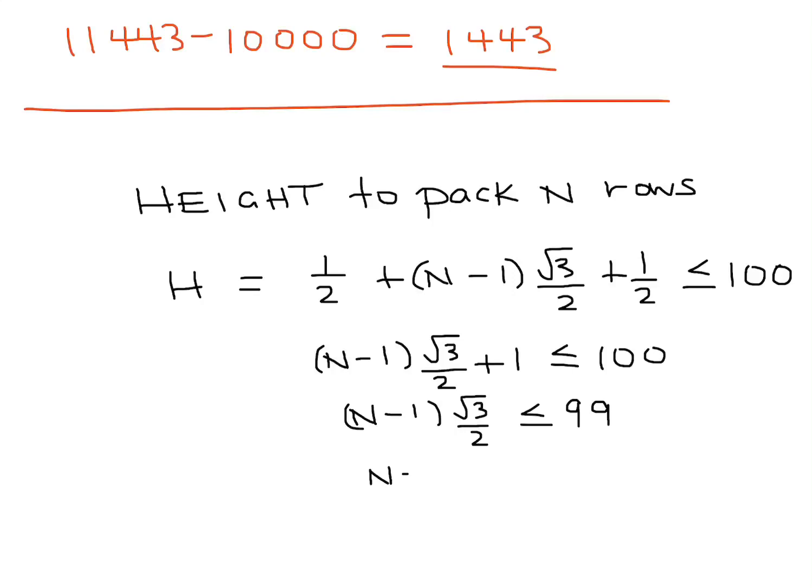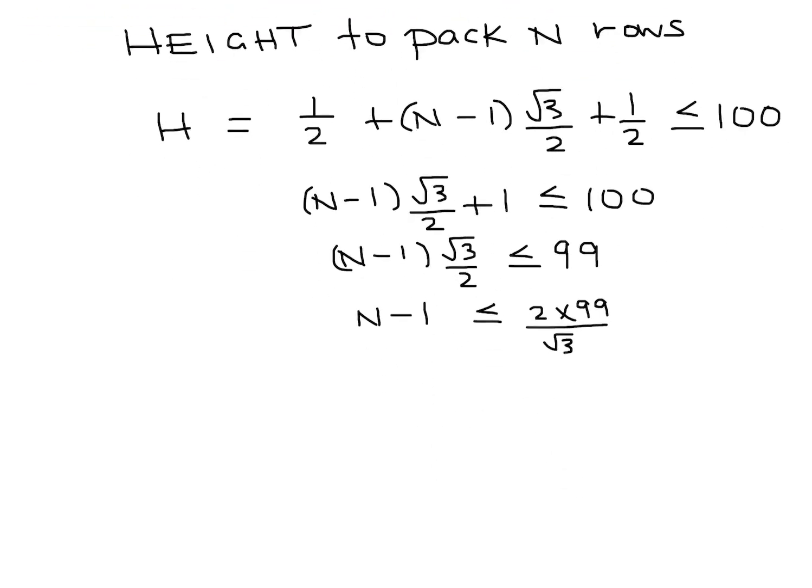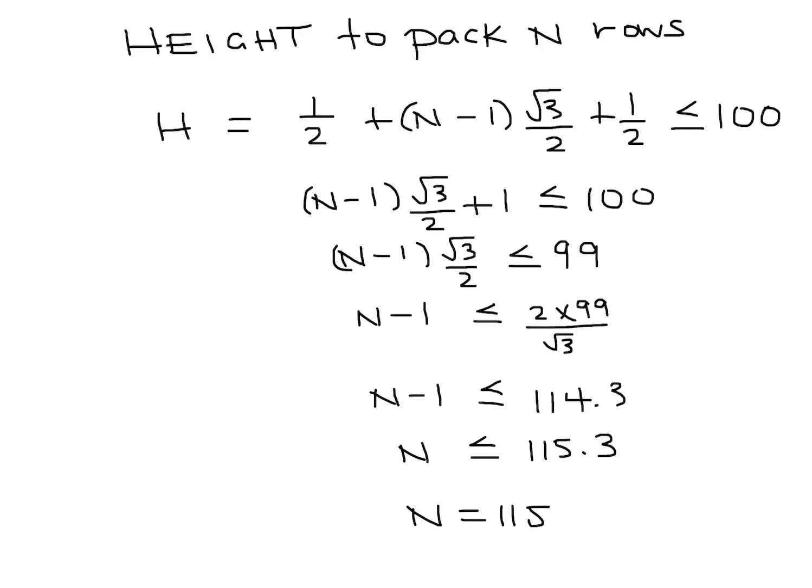And if you do the math, you get n minus 1 is less than 2 times 99 over root 3. And this would be approximately 114.3 is n minus 1, and therefore n is less than 115.3. So the maximum n can be in terms of rows is 115.